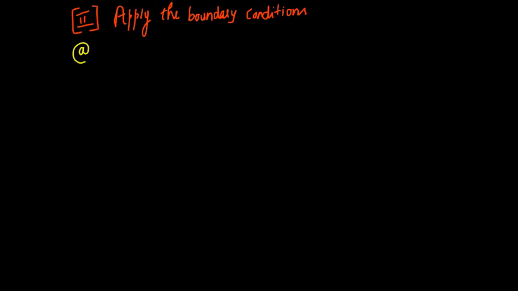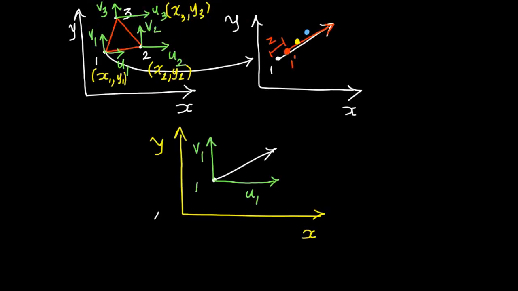That is applying the boundary conditions. At x1 comma y1, the nodal point displacement along the x direction is u1, along the y direction is v1. At nodal point 2, that is at x2, y2, the displacement along the x direction is u2, along the y direction is v2.